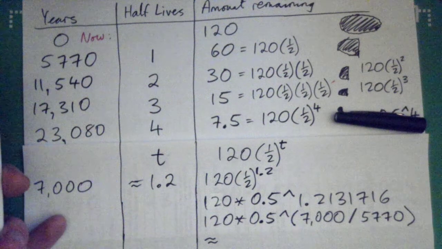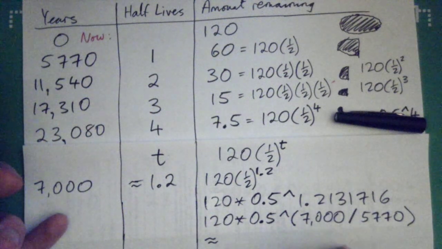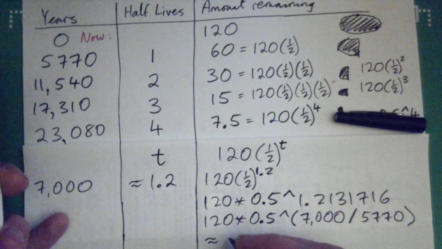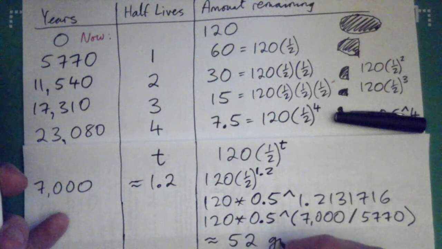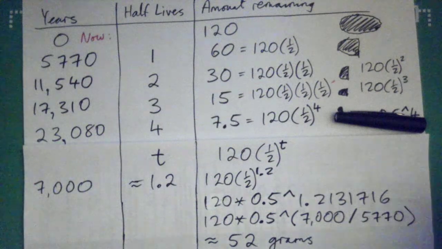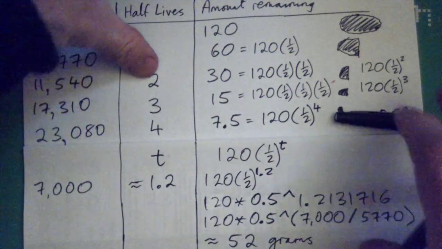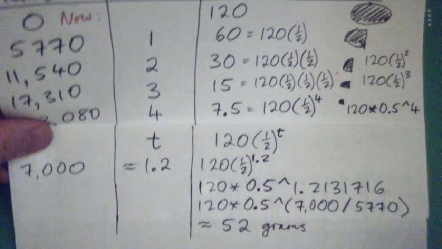But regardless, I'm actually going to ask you all to round to the nearest gram anyway, so you should get about 52 grams. There are several ways of calculating it, but this last way would be the most accurate because you're doing everything all at once in the calculator, right?